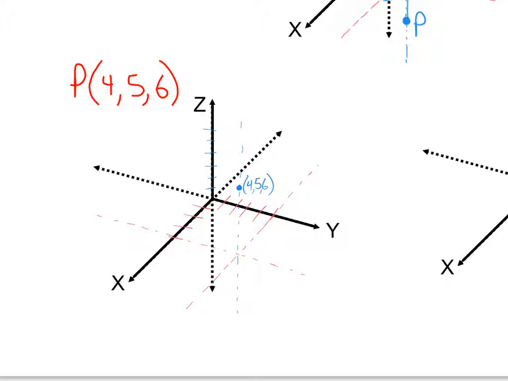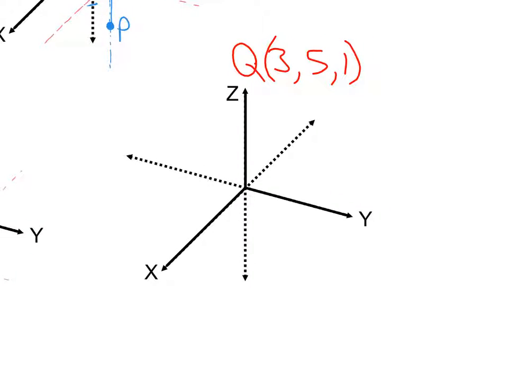Okay? Alright, so take a minute, try to plot this one here. Point Q is 3, 5, 1. Alright, so let's work this out here. We've got a 3 on our x, so 1, 2, 3, and I put a dotted line parallel to my y-axis here.